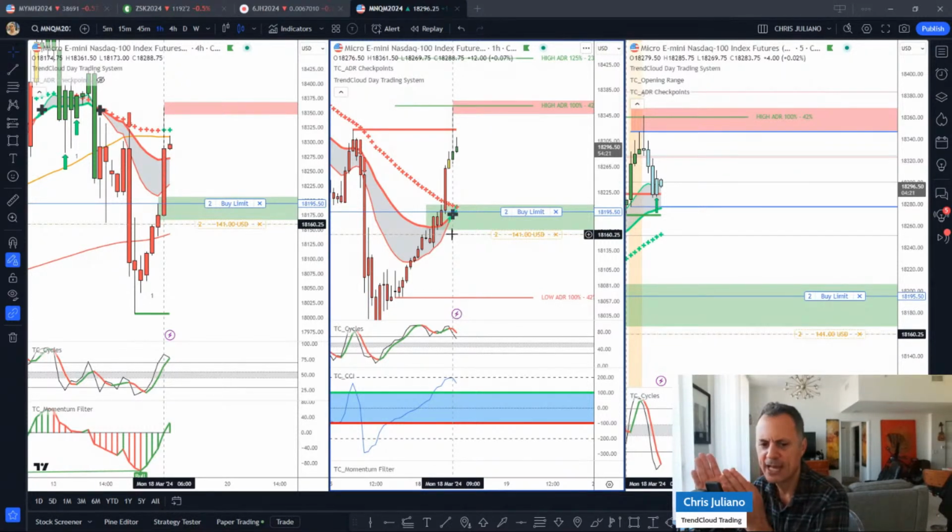You master that and you become a very dangerous person in the market, okay? Trend and momentum across multiple time frames. Get good at identifying how to line that up and how to see that across multiple time frames, and you're going to be real dangerous in the market.